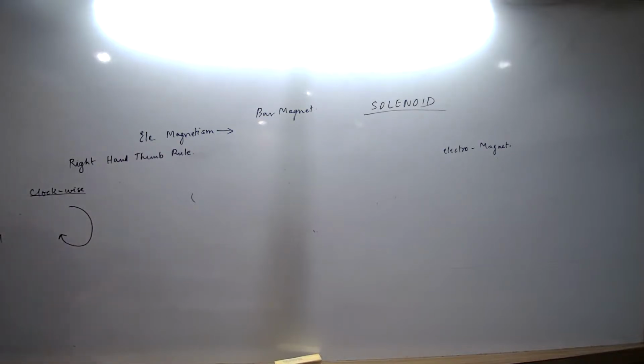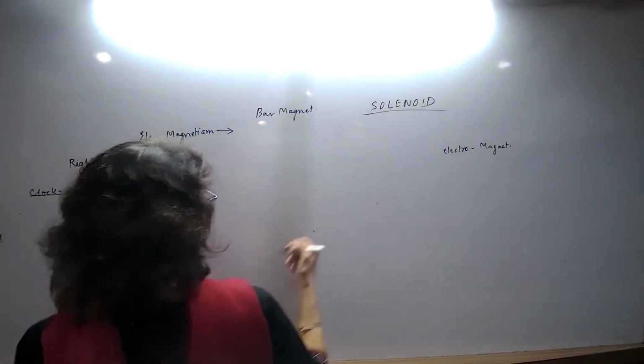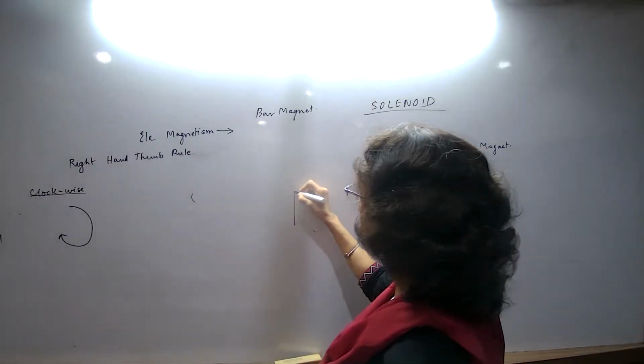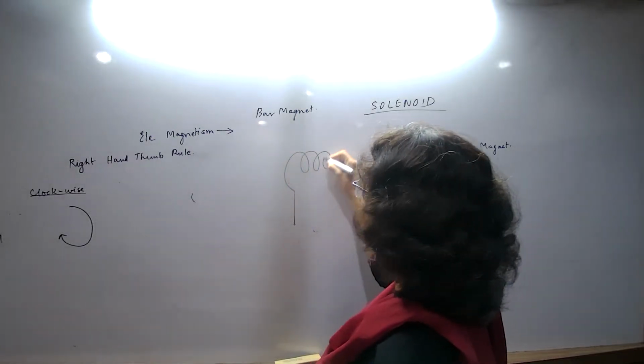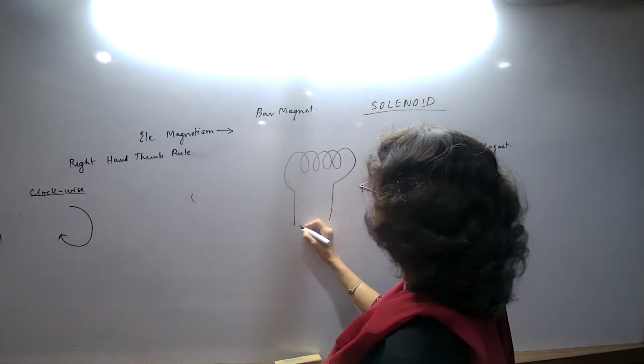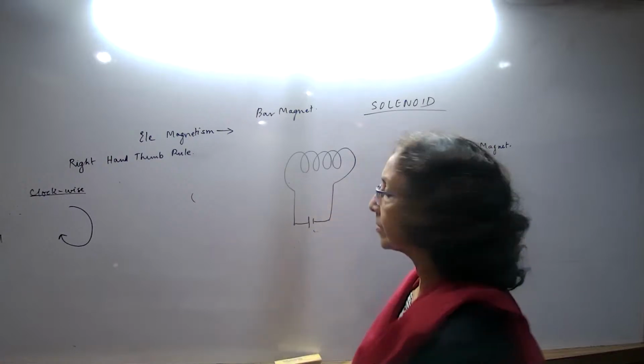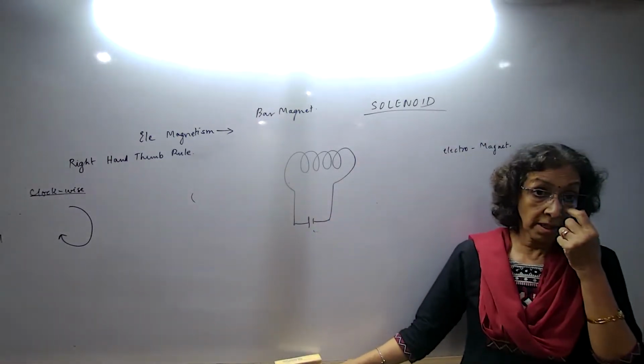Okay. So if you look at page number 201, look at page 201. Did you see the solenoid? How is it done? You have this wire and coil many times, connected to the cell. Did you understand here?